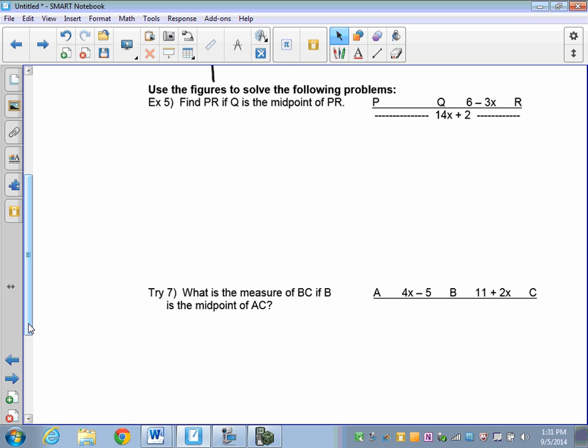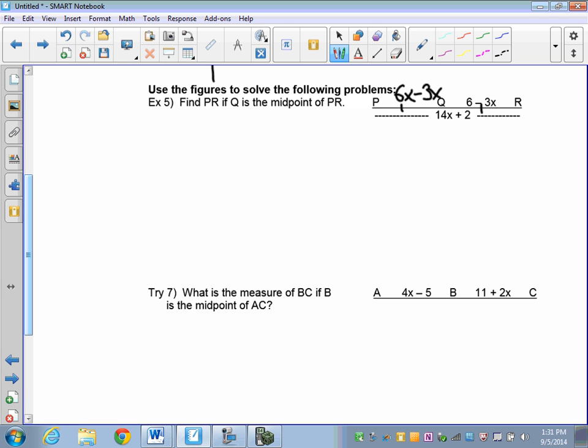So right here, we have to use the figures to solve the following problems. We have to find PR if Q is the midpoint. So since this is midpoint, remember, it's broken up into 2 congruent segments. We had practice on this already.